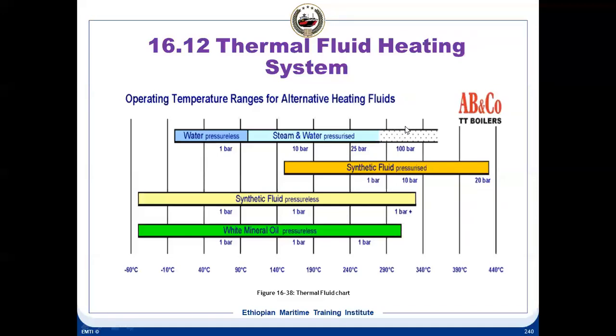Larger wall thicknesses, greater weights.